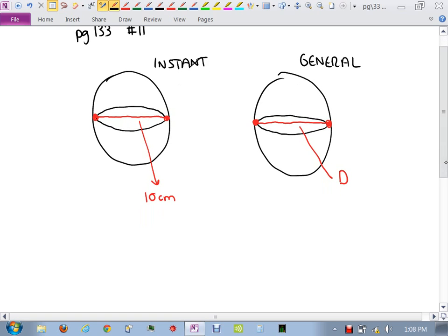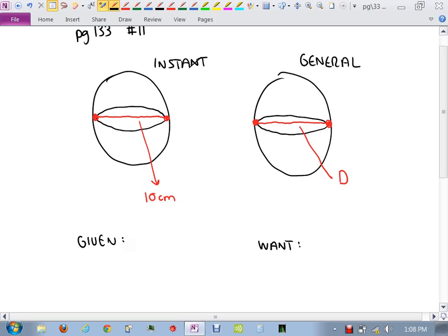Now let me write down what's given and then what I want to determine. You don't have to do these in any particular order. It says to find the rate at which the diameter decreases. Rate means derivative, right?